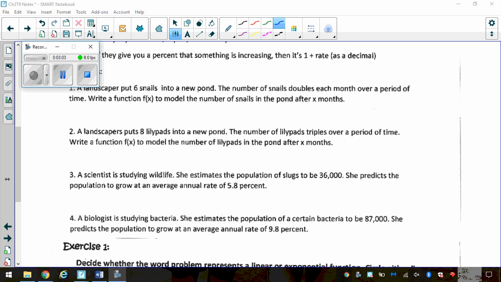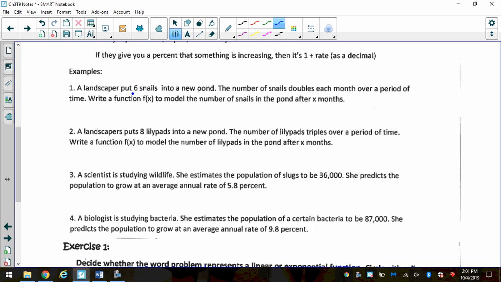So let's first practice writing the equation of exponential, because we've already had experience writing the equations of linear. So remember, A is going to be your initial amount. So like for the first one, your initial amount is 6, so A equals 6, and it tells us it doubles each month over a period of time. So doubling is telling us that our B is 2.